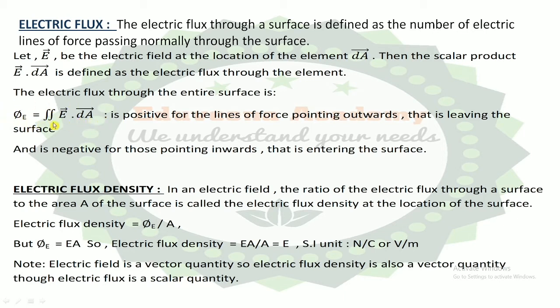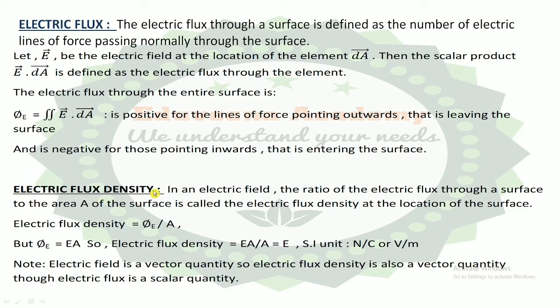This electric flux is positive for electric lines of force pointing outwards, that is leaving the surface, and phi is negative for those pointing inwards, that is entering the surface. So depending on the electric lines of force going outwards or inwards, the sign of the electric flux phi changes.